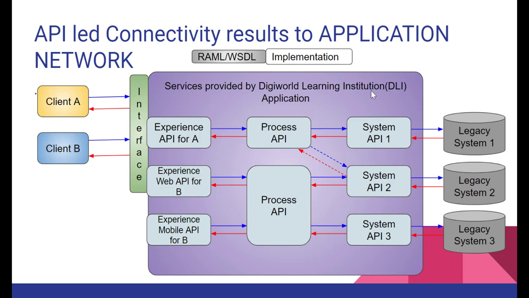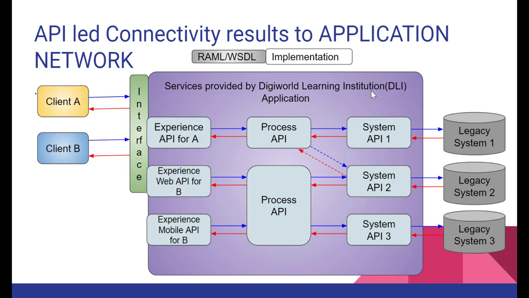See here, API-led connectivity and application network both try to utilize the advantage of reusability, right? If there is some communication already built with legacy system 1, then why write another code to communicate with the same legacy system, right?